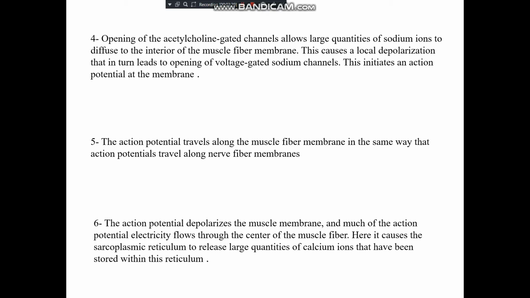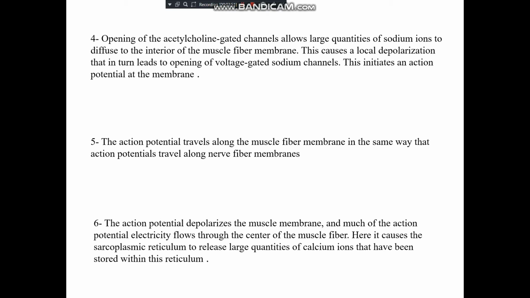This causes local depolarization. Because of this local depolarization, voltage gated sodium channels are opened. See, this initiates the action potential at the membrane.